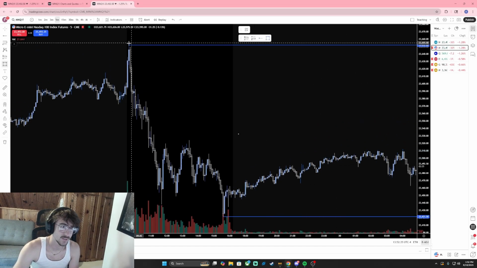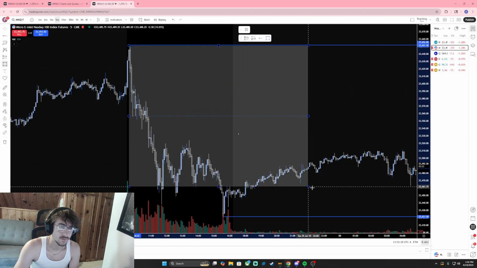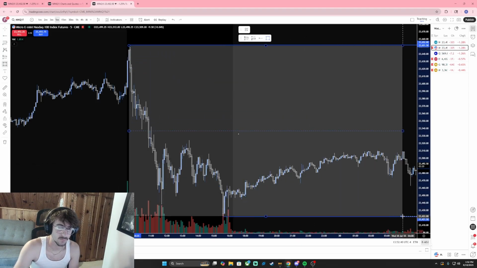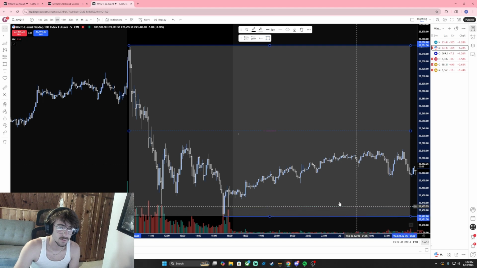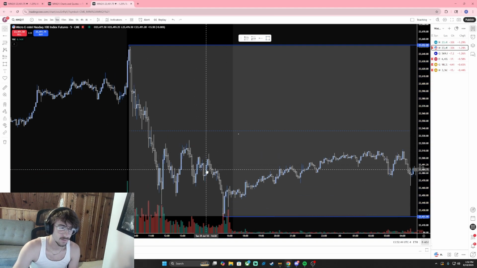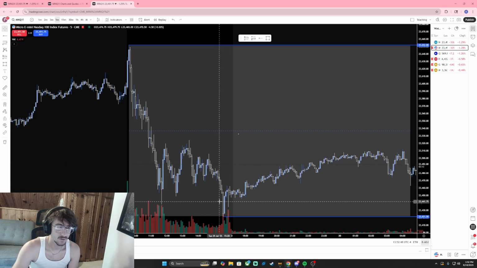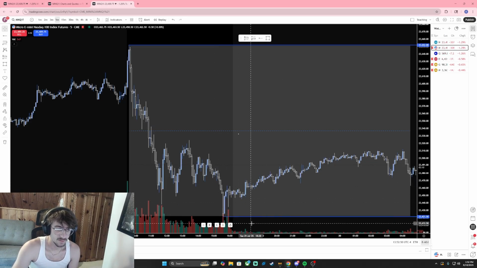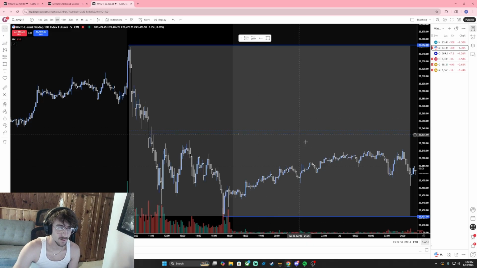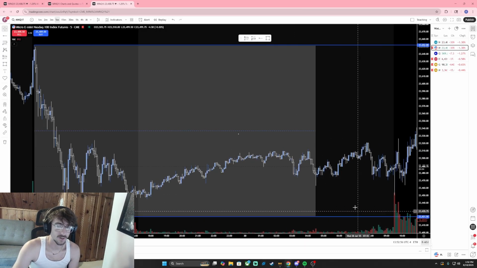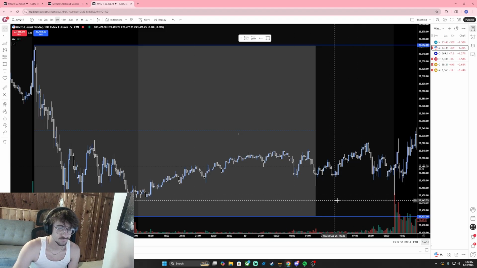In between is what I call the EQ range. Most of the time, not all the time, whenever either of these pools of liquidity are tapped into, price is going to go to the EQ range. That is what I aim for if I do see a liquidity sweep.